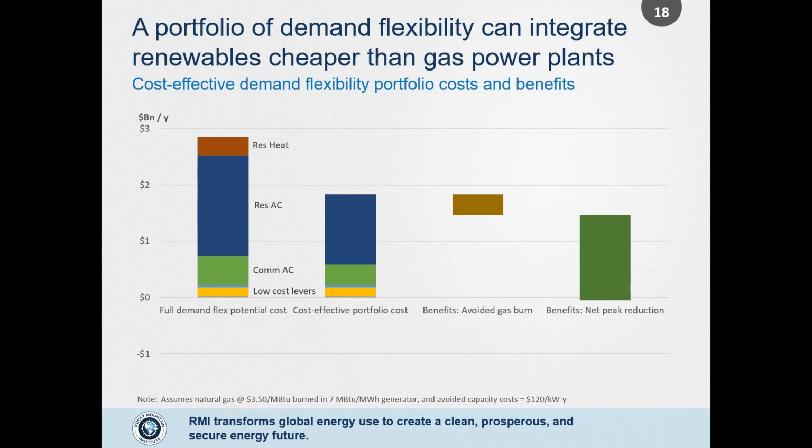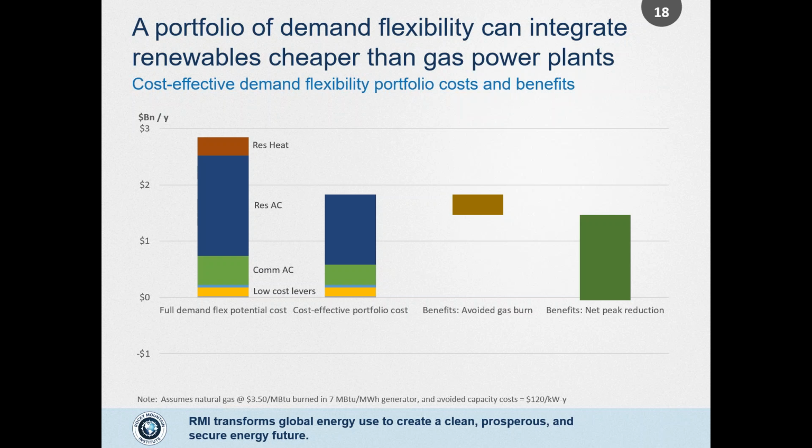And why you don't see commercial heat as a more expensive lever is that we found that there are winter peaks, and the commercial heating was well coincident with the peaks in winter, and so there was a significant opportunity for commercial heat to bring down those peaks.